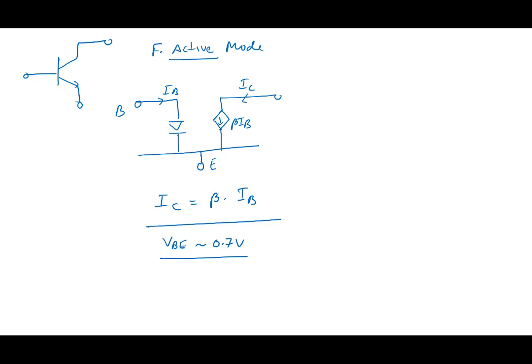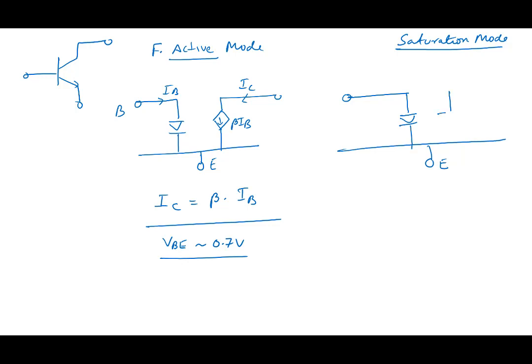In saturation mode, compare the two. We again draw here the emitter, again the same diode, but we put a voltage source here, VCE sat, right?